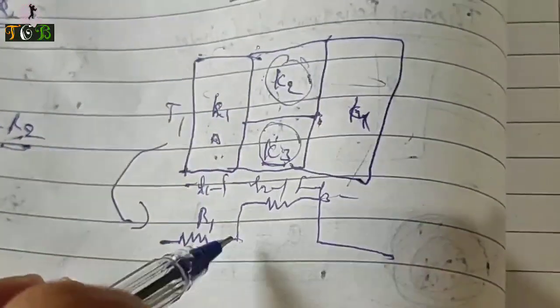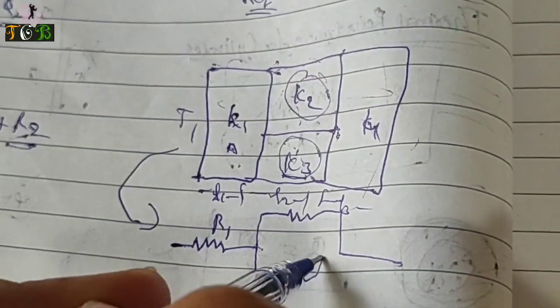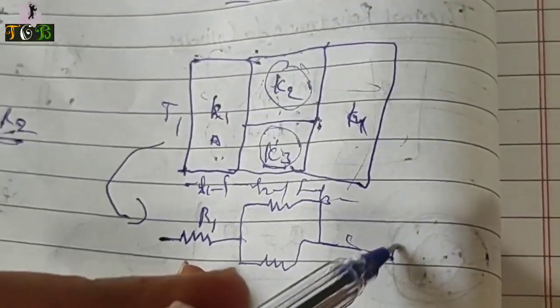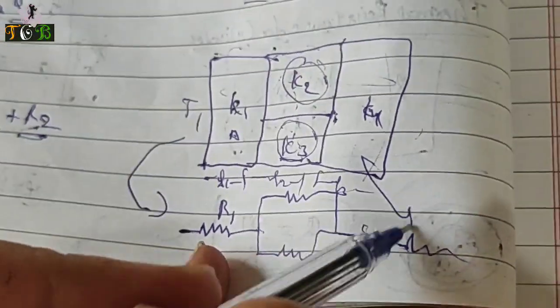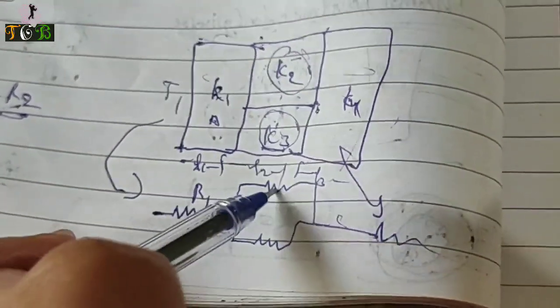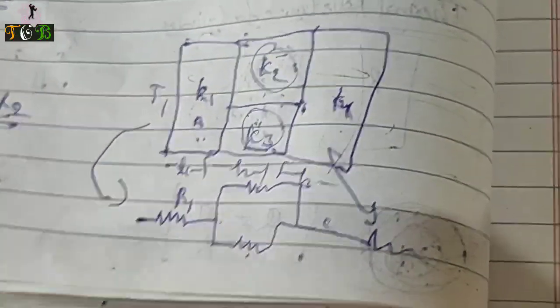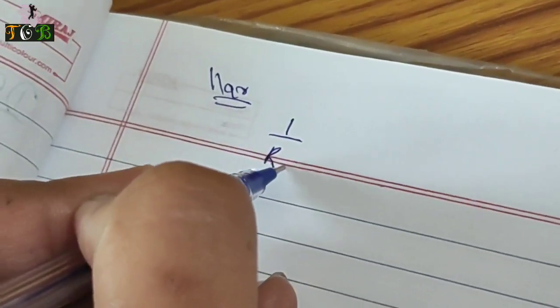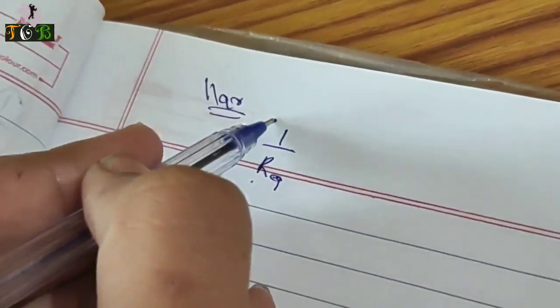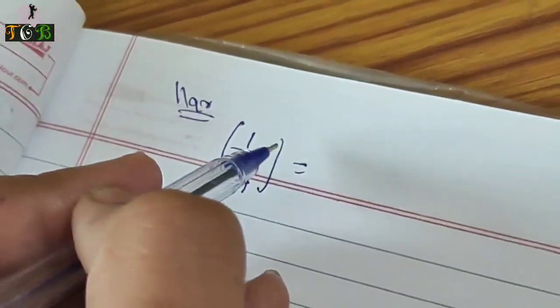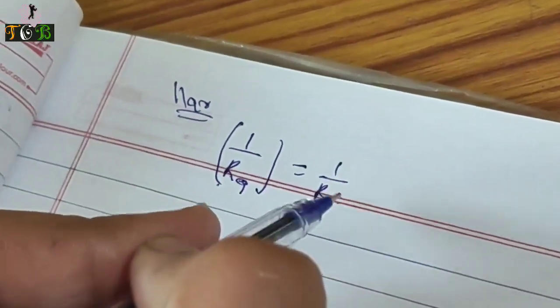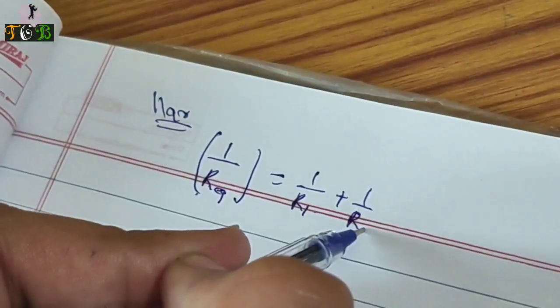So you can do it like this. Okay, and one more resistance of this wall, this wall resistance here, this wall resistance, like that. It's easy. And in parallel the formula is, the inverse of R equivalent is equal to 1 by R1 plus 1 by R2.